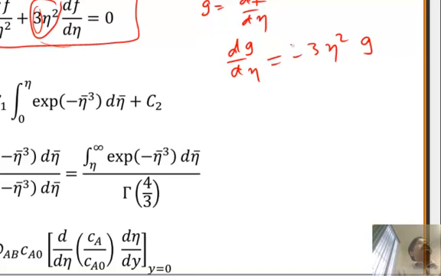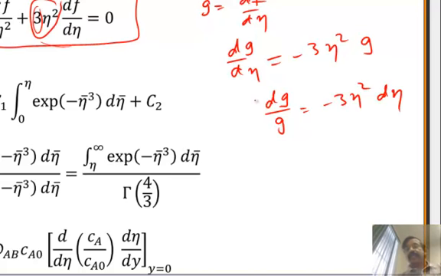Now this is separable. Okay, so you can separate that and write it as dg divided by g equals minus 3 eta squared d eta. You can integrate both sides. Okay, then here you will get log g. On the right hand side, sorry, this integral exists. So it is eta squared, so eta cubed over 3.